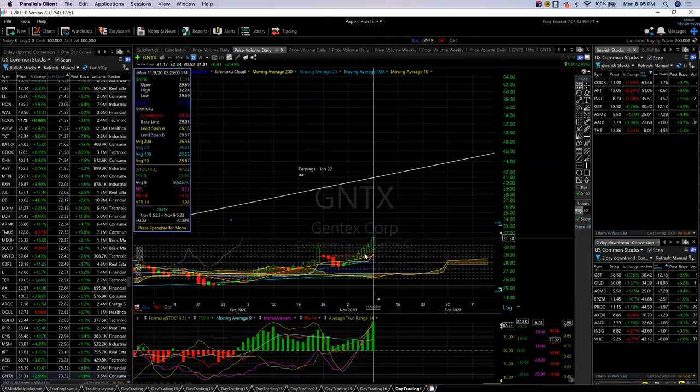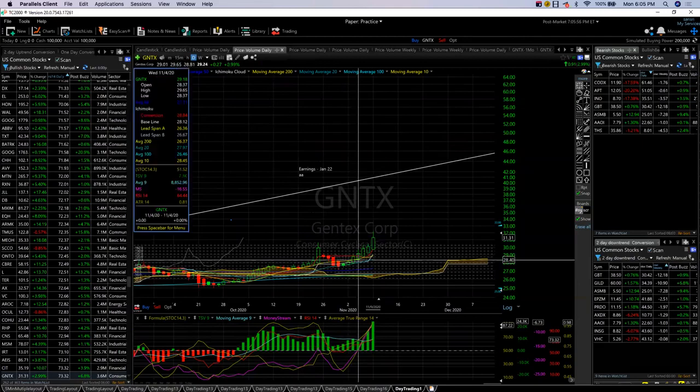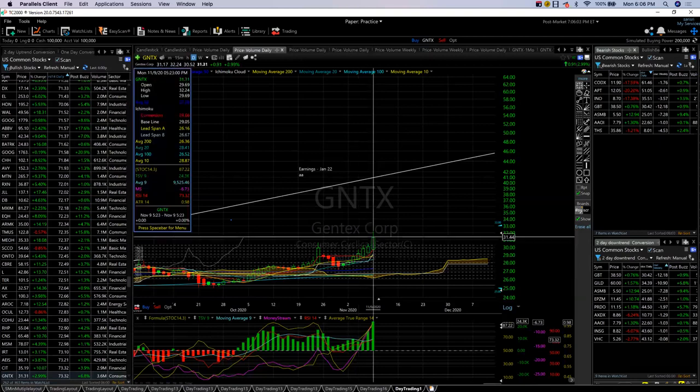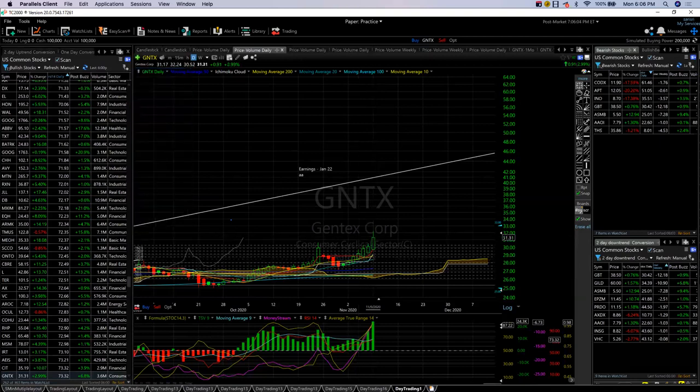So it gave us a big 400% on this trade. We bought it for 45 cents and we sold it for $2 today. These techniques, along with the other things we saw, it was about the conversion, it was about the cloud, and then it was the third day above. All these things together gave us a very good indicator that this was going up.